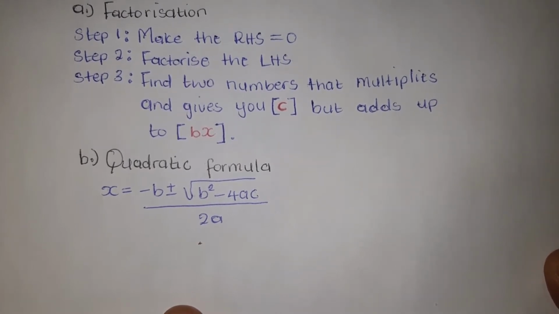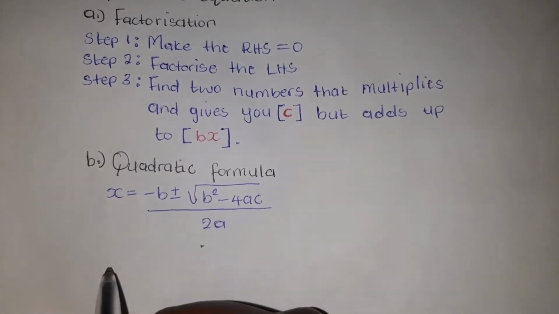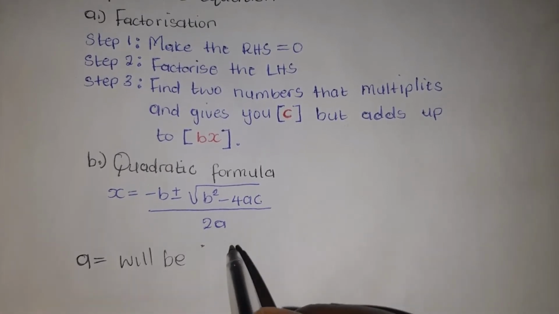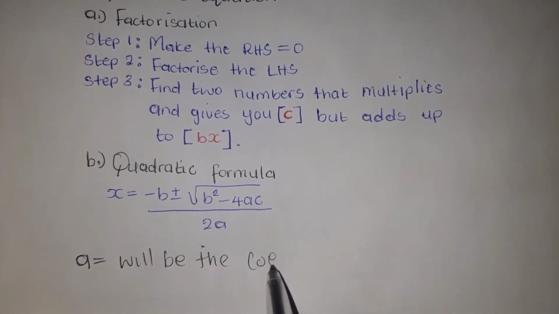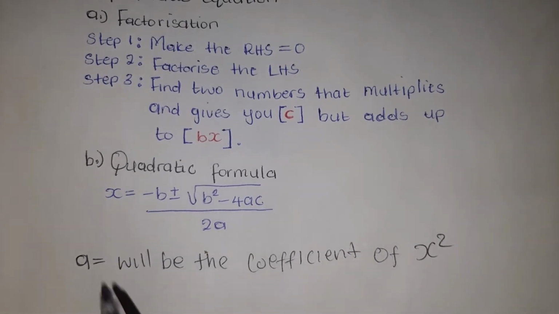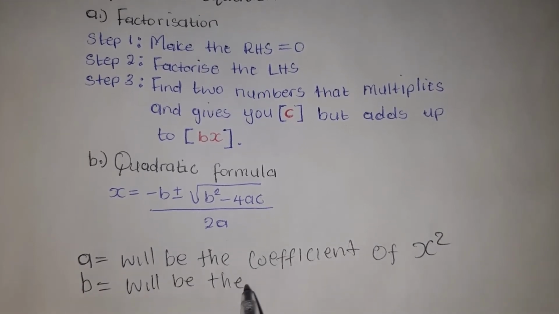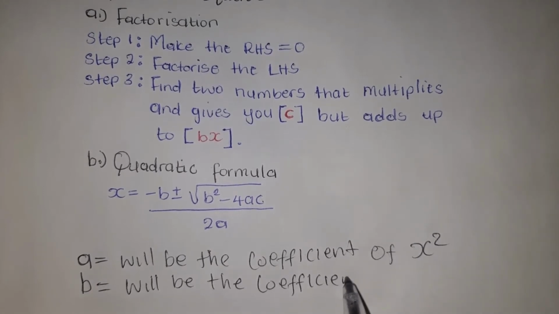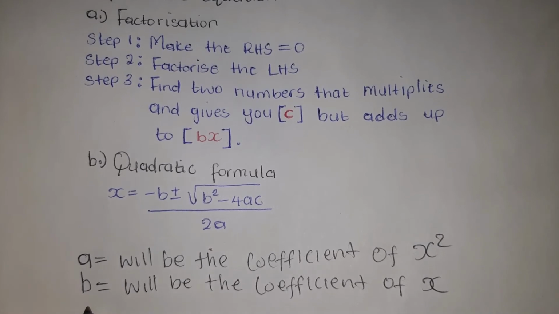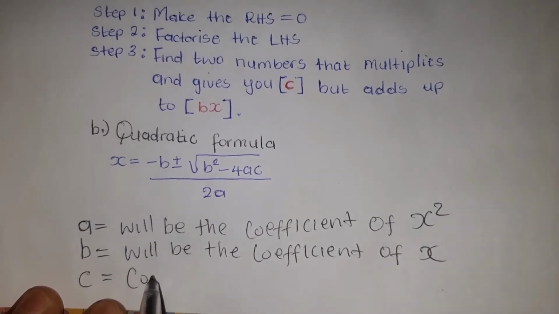Our a will be the coefficient of x squared, and our b will be the coefficient of x, and our c will be our constant.